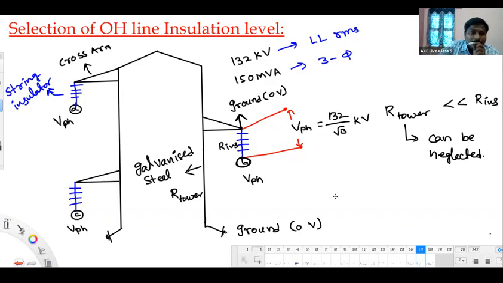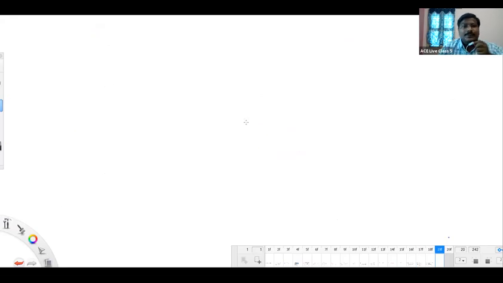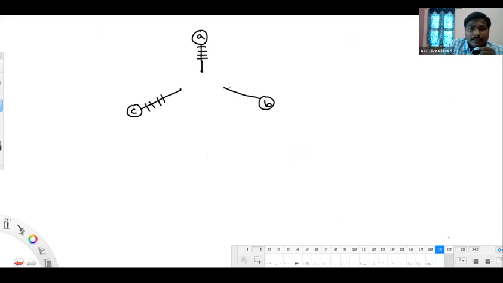See, this point, this point, this point, all these three will be tower points only, right? And the tower is grounded. Tower resistance is assumed as 0. Then, if you take this conductor A, this conductor B and this conductor C, at A tower we have an insulator, at C tower we have an insulator, at B tower we have an insulator.